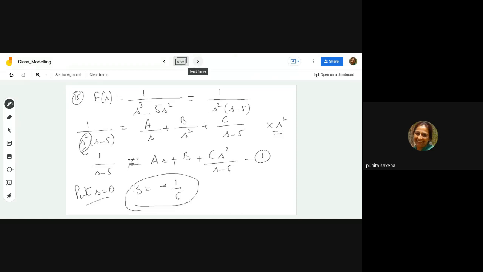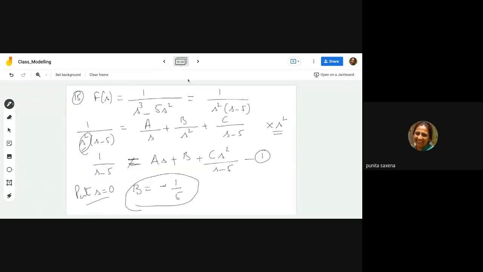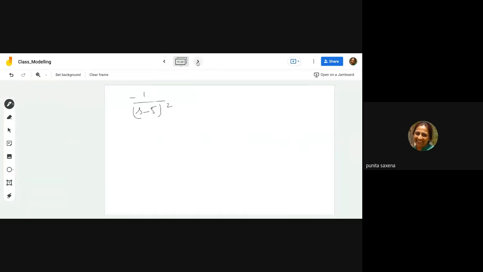So when you differentiate with respect to s both sides, your left hand side will be minus 1 upon s minus 5 whole square, because you are differentiating this equation, and this will be equal to A plus, what will you have, C into something.